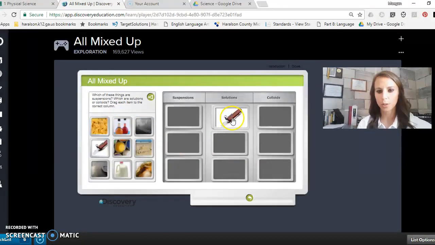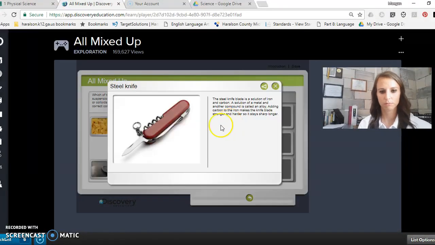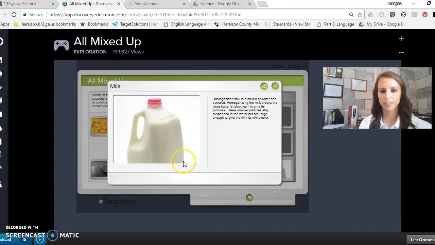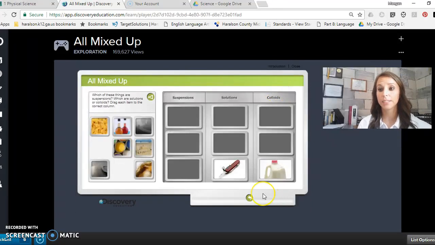And they can pull it across. It tells them if they're right or wrong, and gives them information about what they're doing. If they didn't get it right, it'll send it back. So even though we're not always doing hands-on labs necessarily, they are still interacting with something, and it's an interactive textbook, which I think is cool.